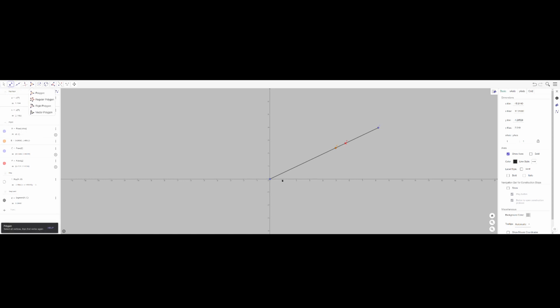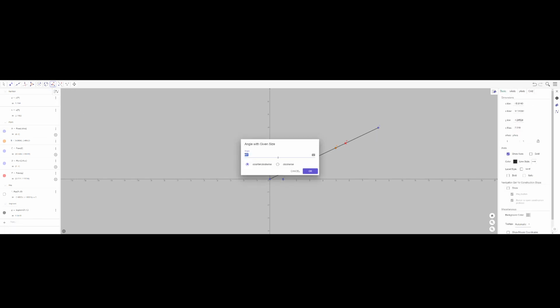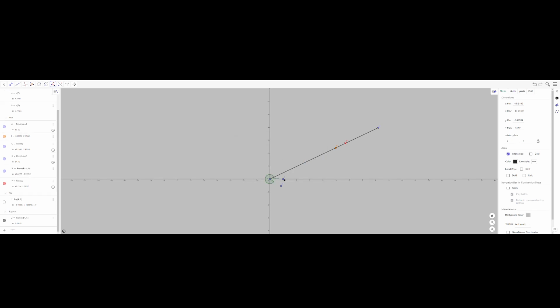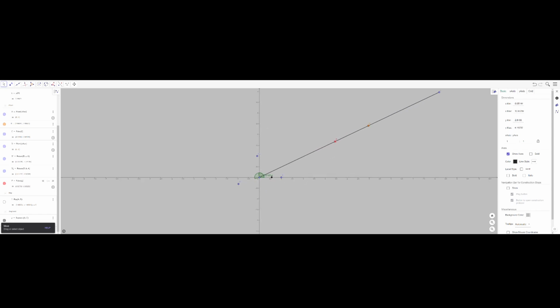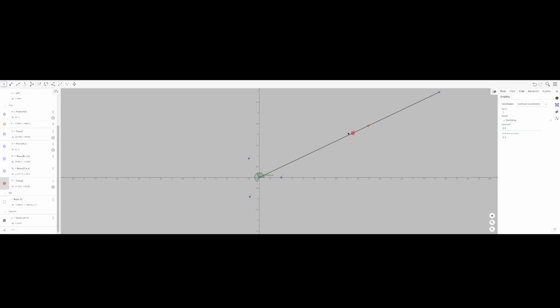First, put a point at 1, 1, angle with given size. That size is alpha. Sorry, A. Angle with given size again, B. Now, as P moves along, you can see these 2 points move.